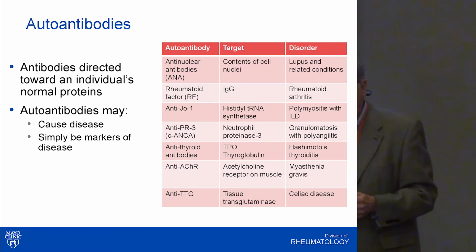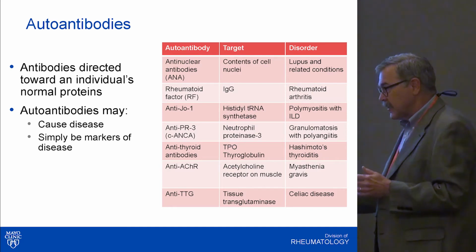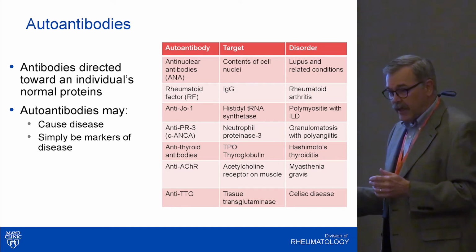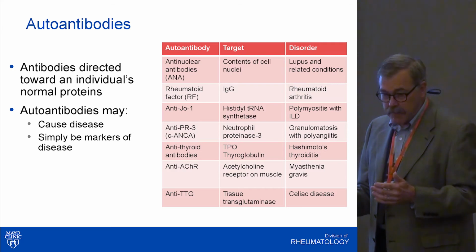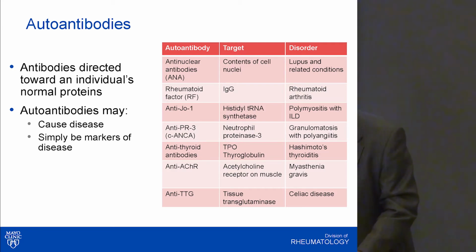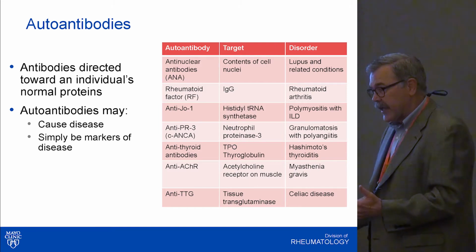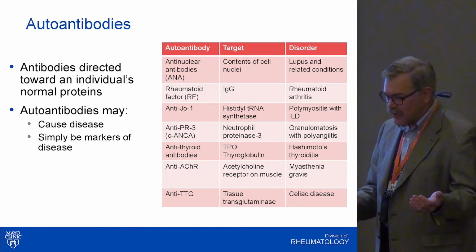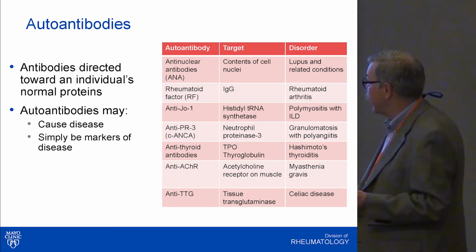But there are autoantibodies. The same way as the concept of autoimmunity, some people make antibodies directed toward things in their own body. And there are a host of autoantibodies. Some of them seem to cause disease. In other disorders, they're a marker. We don't know that they actually are causing disease, but it indicates that there's some abnormality.